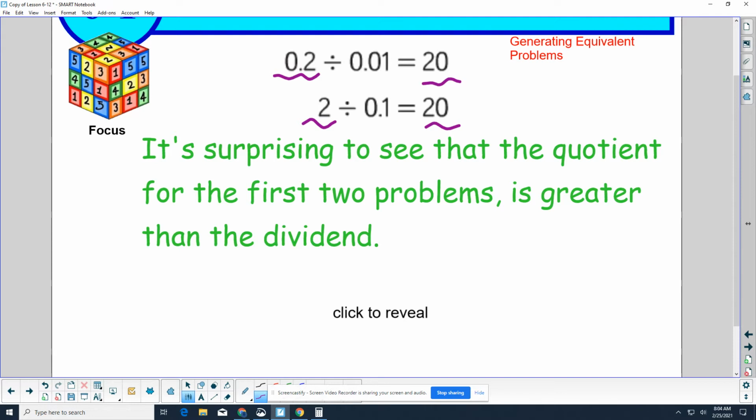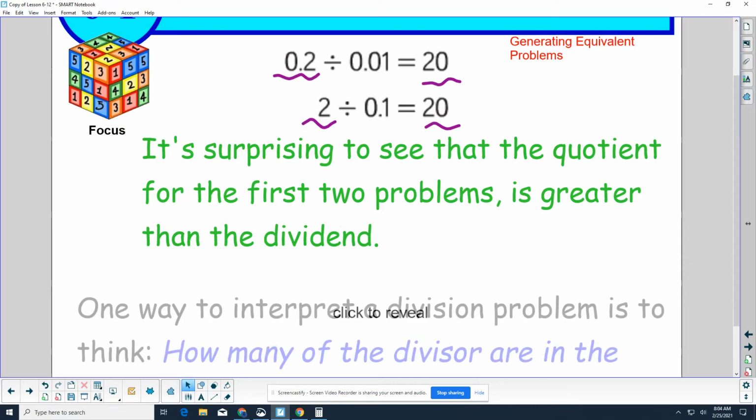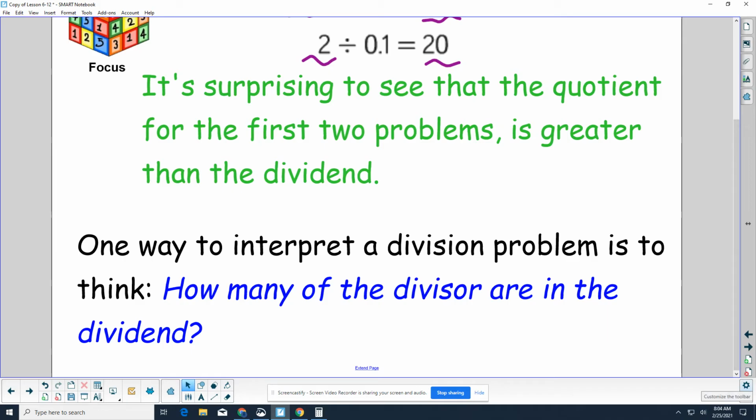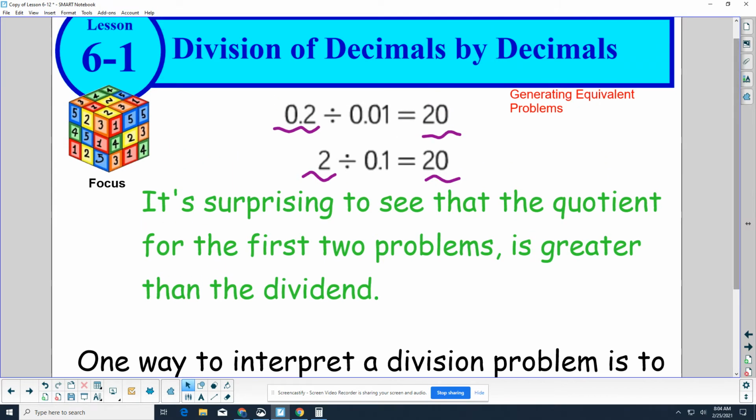One thing to think about is when you divide, you're splitting it into more groups. One way to interpret a division problem is to think how many of the divisor are in the dividend. So you're thinking about how many groups, or how many of these divisors, fit into that number.